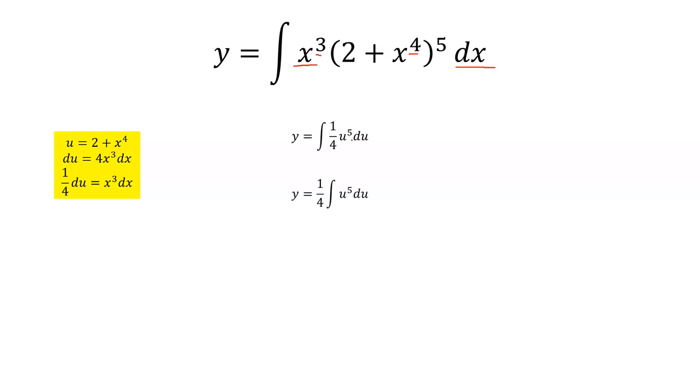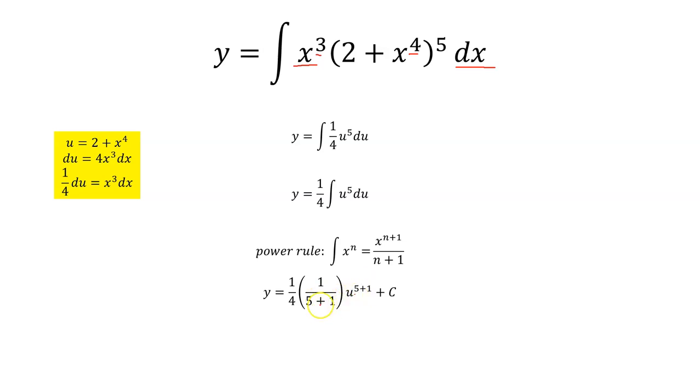So y is equal to 1/4 times the integral of u to the 5th du. Now we apply the power rule. So add 1 to the exponent and then divide by the new exponent. So that's 1/4. Add 1 to the exponent, so 5 plus 1.